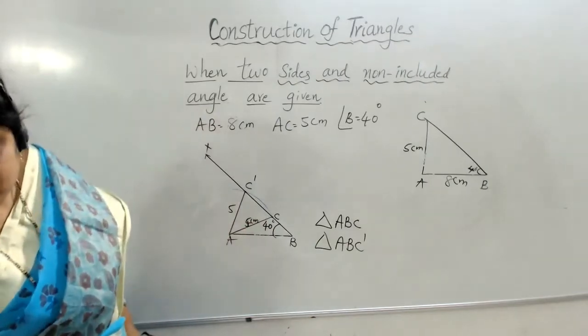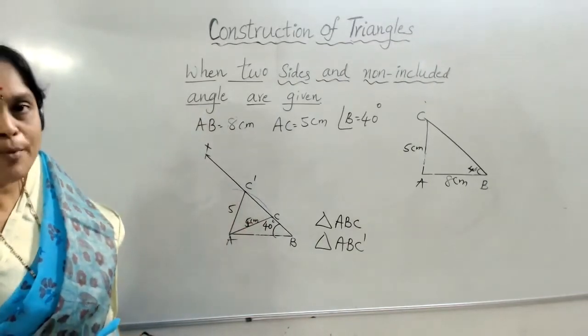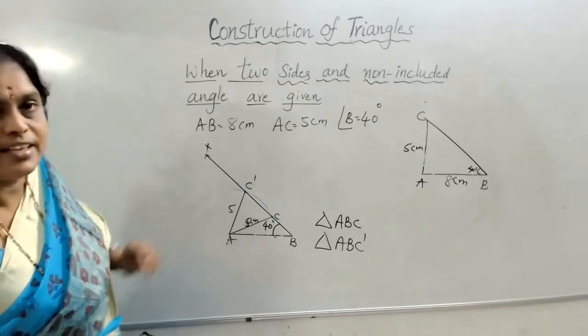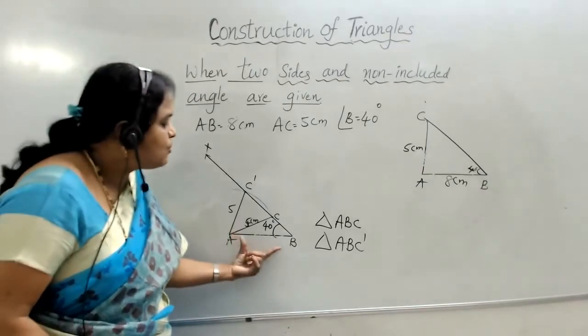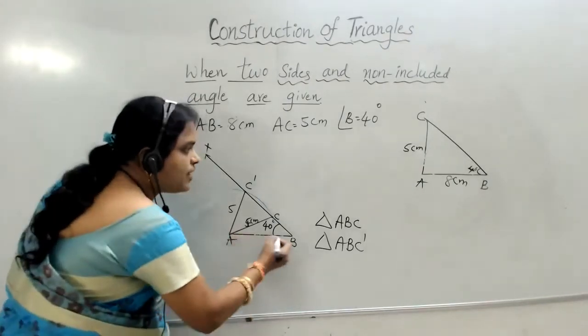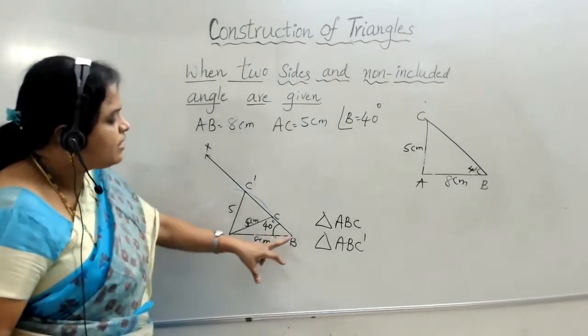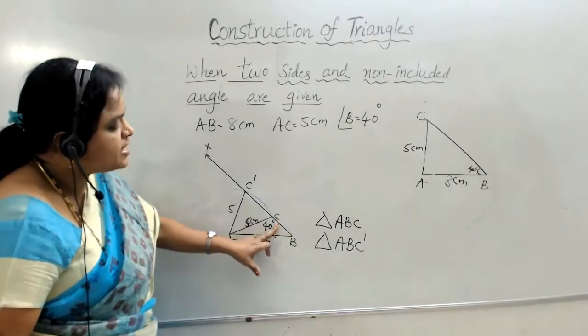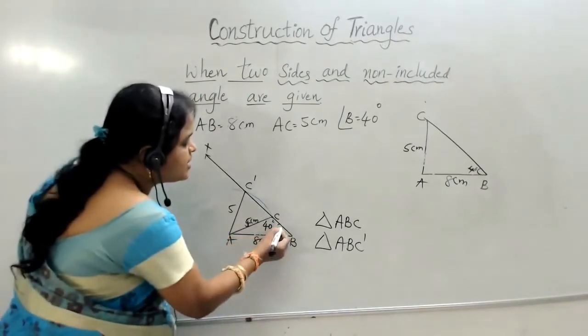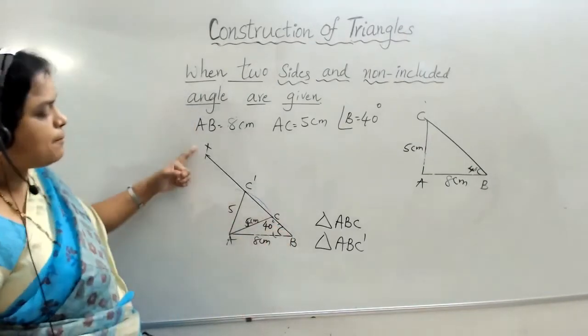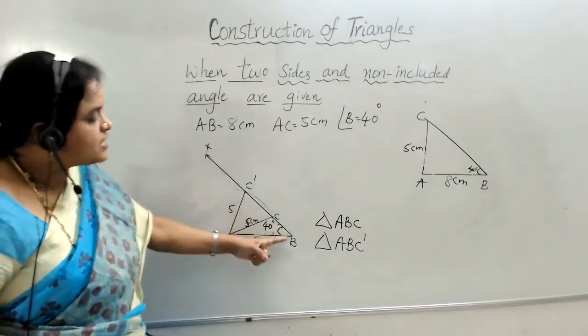In exercise 5, we have so many problems. You do like this, okay, children. First, take the length of AB as 8 centimeters and make an angle of 40 degrees at B and extend the BX ray.